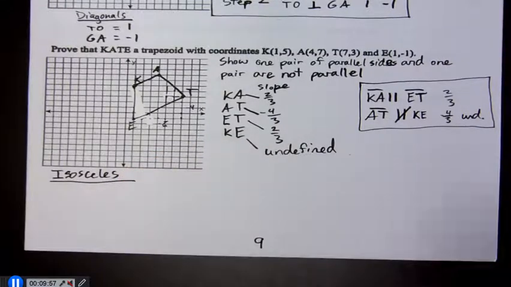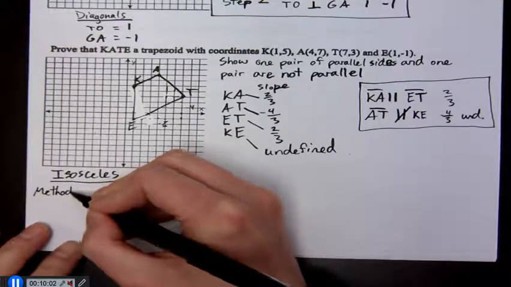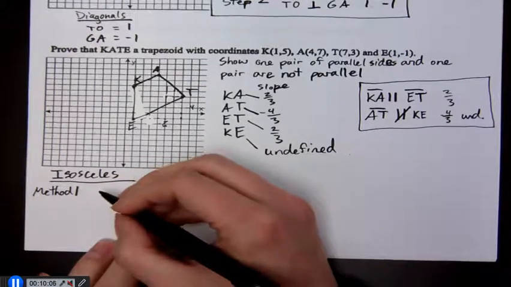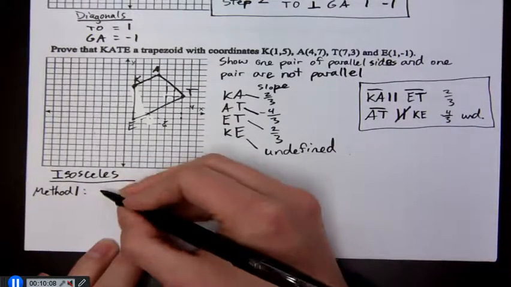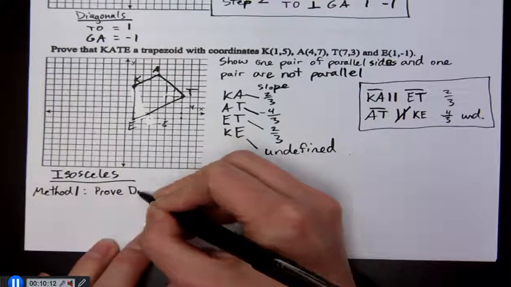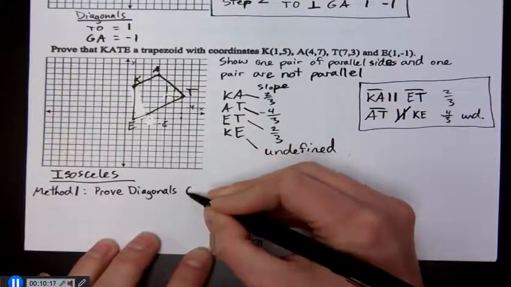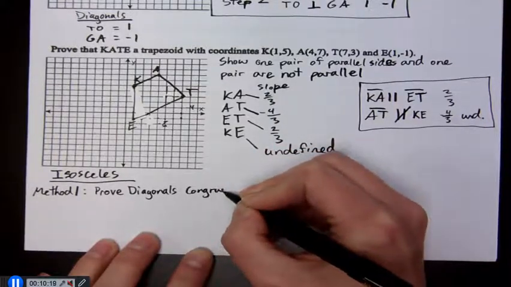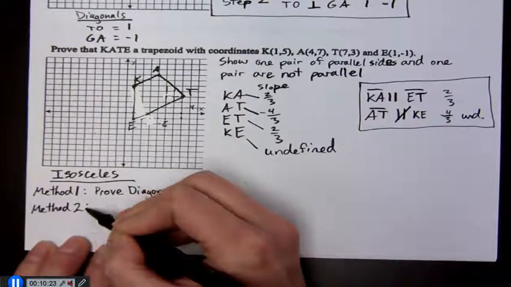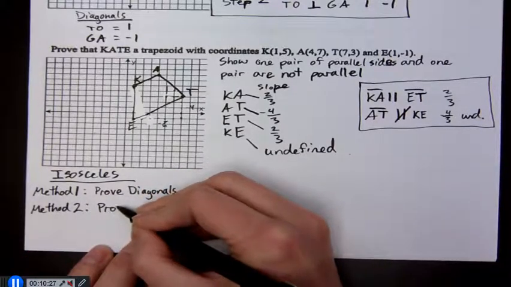What was the second one you just read? Diagonals are congruent. So in method 1, prove diagonals are congruent. Method 2 is prove non-parallel sides congruent.